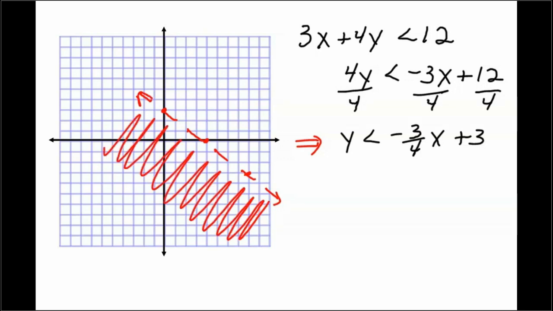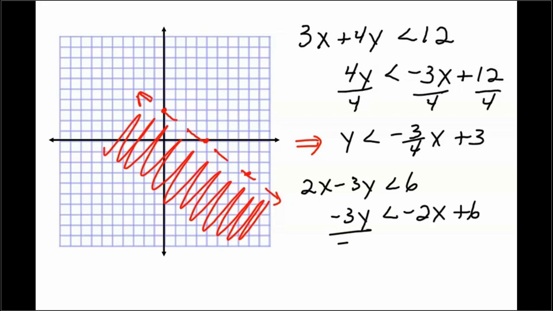The second line, or inequality, is 2x minus 3y is less than 6. So moving the 2x over becomes negative. Dividing by negative 3, we have y now is greater than 2/3 x minus 2.